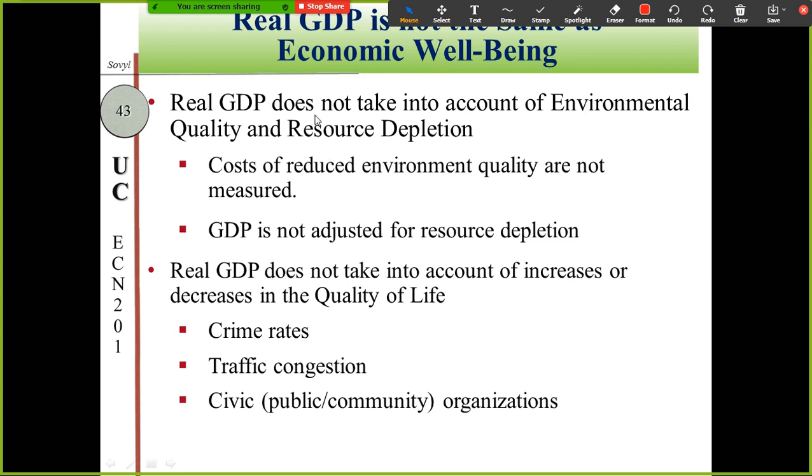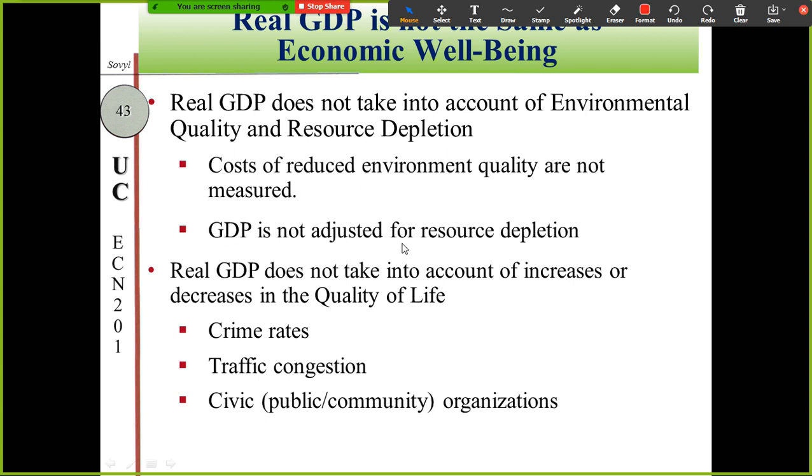But they can still produce. When they can work, they can produce, and real GDP captures that. But they live in a poor quality environment, so they tend to have more disease and more health problems. That's why this is not captured in real GDP. The cost of reduced environmental quality is captured by economic well-being, but not by real GDP.